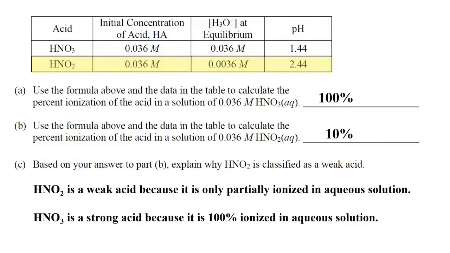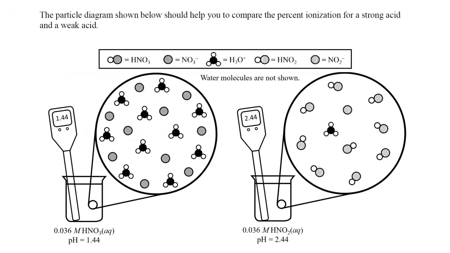Now, before we take a look at question 13 in this packet, I'd like to show you these 2 particle diagrams. So the particle diagrams shown below should help you to compare the percent ionization for a strong acid, such as HNO3 or nitric acid, with the percent ionization for a weak acid, such as HNO2 or nitrous acid.